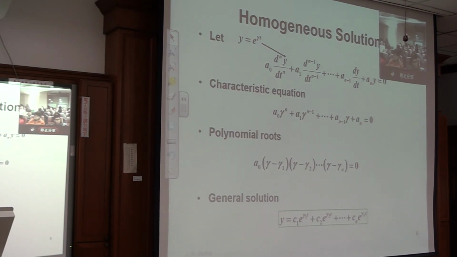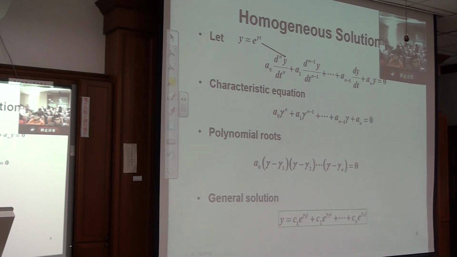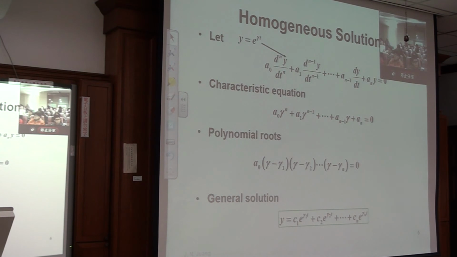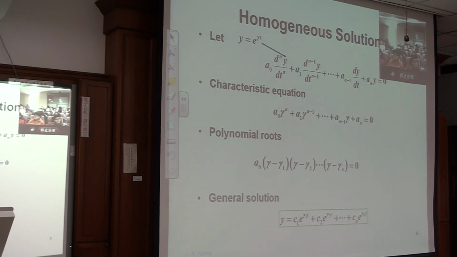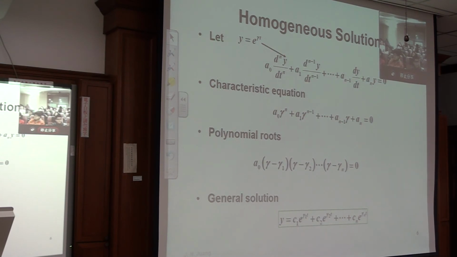If we plug this into the general linear homogeneous equation, we will get this polynomial of the coefficient gamma. For any polynomial of nth order, we can always decompose it into this form of n roots.